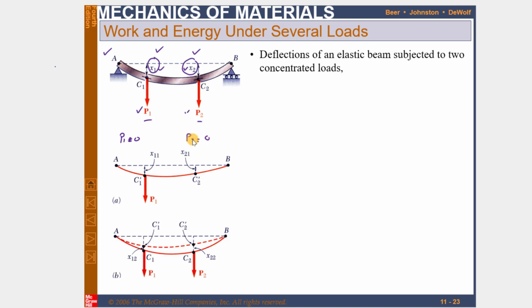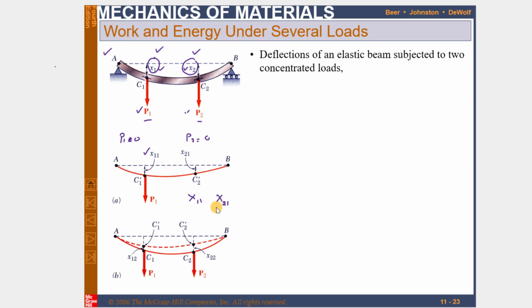Now you can see that P1 is applied on the beam at C1. Due to this load P1, there will be a deflection of x11, and due to this load P1, there will be a deflection as well at C2, which is x21.